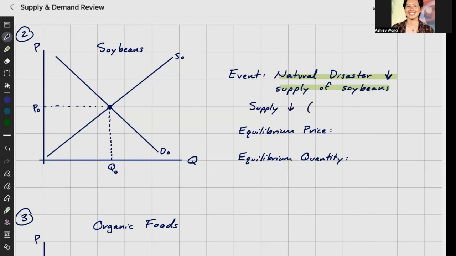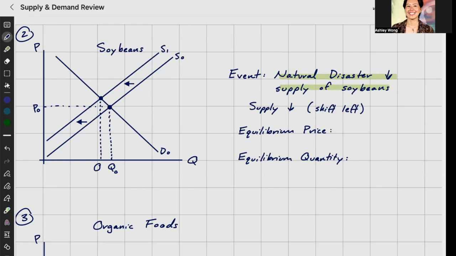And we illustrate this as a leftward shift of the supply curve. We'll show that on our graph. And label our curve. Now we'll identify our new equilibrium point, which is the point here where our new supply intersects our demand.